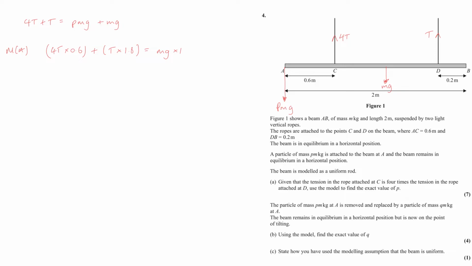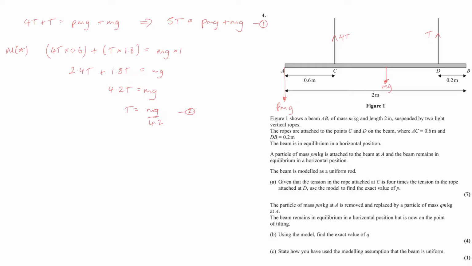And the pmg wouldn't count because we take a moment about A. So that's 2.4T plus 1.8T, which is 4.2T equals mg. And this one up here is 5T equals pmg plus mg. So T equals mg over 4.2.